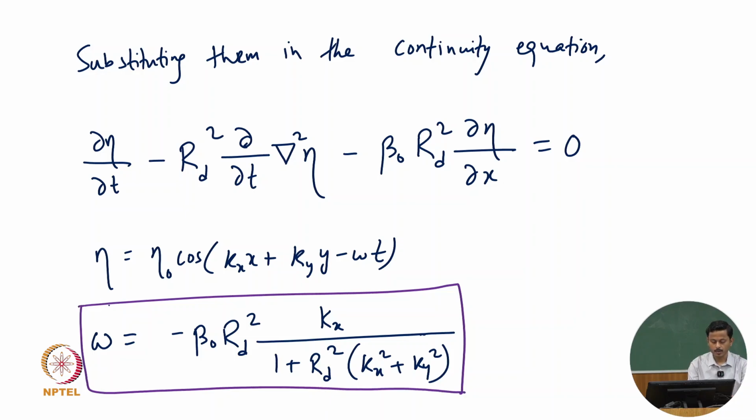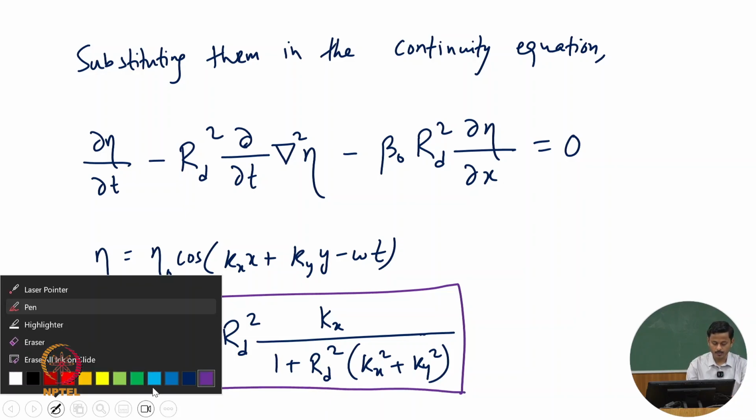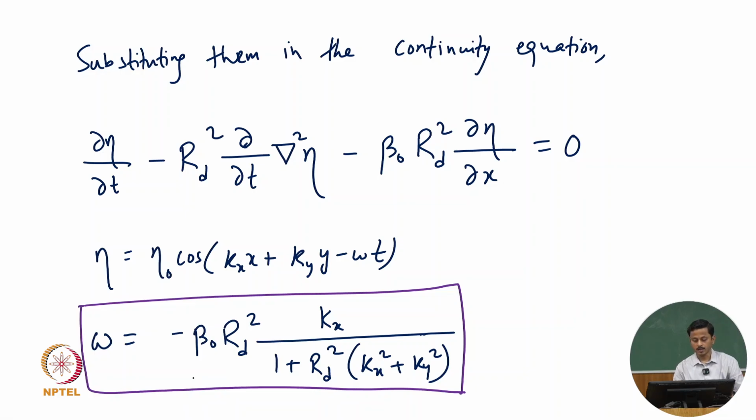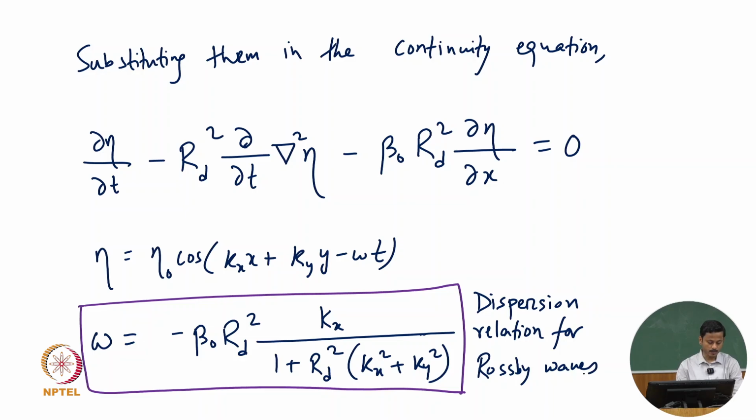So if you recall, this relationship between frequency and wave number is called the dispersion relation, and this is the dispersion relation for planetary waves. And planetary waves are also called Rossby waves. So this is the dispersion relation for Rossby waves.